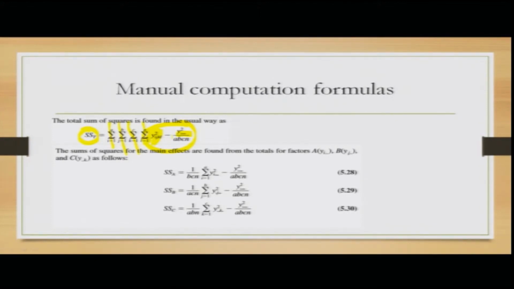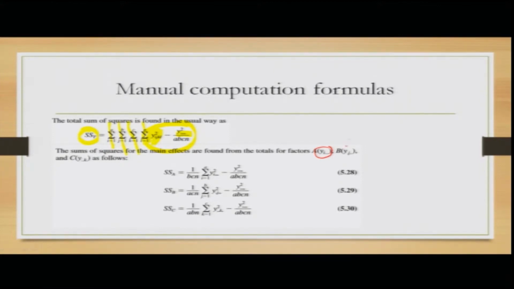The sums of the squares for the main effects are found from the totals of the factors A, B and C. And why we are giving the suffixes, I will make clear to you. If you note here, A is for factor 1, the first one, so obviously it will be summed up over j, k, l. The first place is i, and the second, third, fourth are dots, because you are summing up.